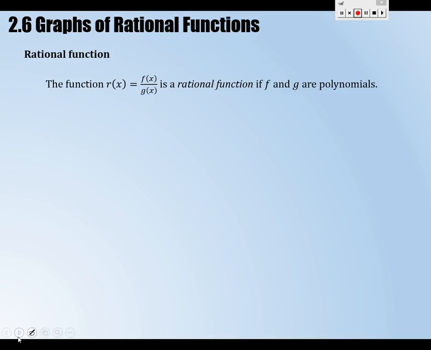Like the way they behave. Well, if polynomials are analogous to integers, then it would make very good sense that rational functions be analogous to rational numbers, right? Because the rational numbers are integer divided by integer.